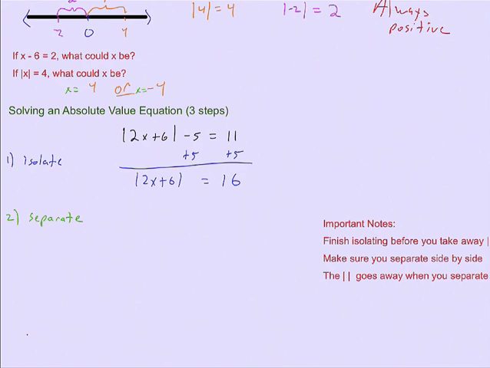We're going to do the same thing below. If the absolute value of 2x plus 6 equals 16, that means that 2x plus 6 could equal 16, or 2x plus 6 could equal negative 16. Those are the 2 possibilities.